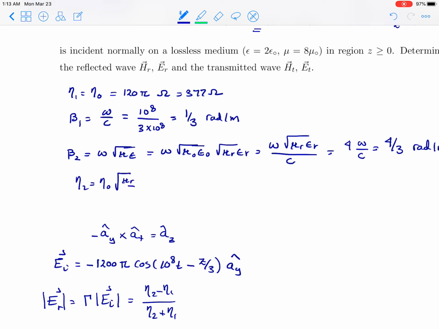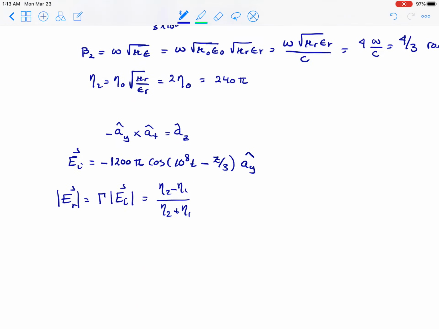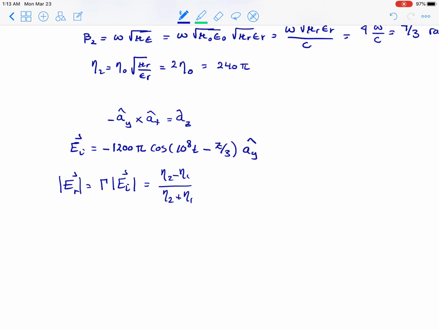Since it's a lossless dielectric, it's going to be always of the following form, and it's going to be 2 times eta naught, or 240 pi.